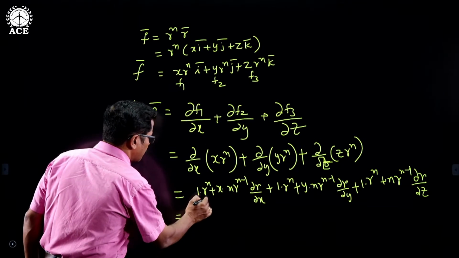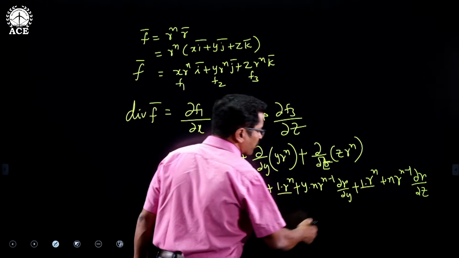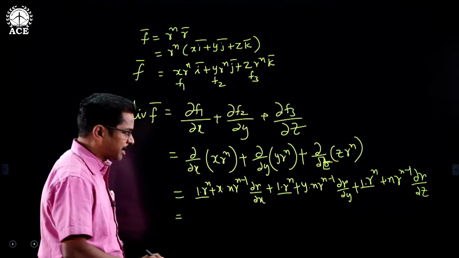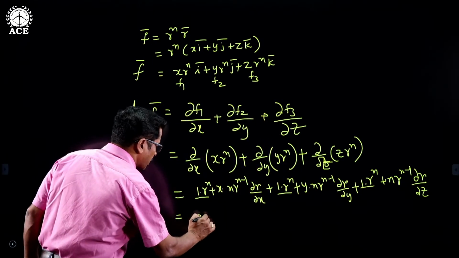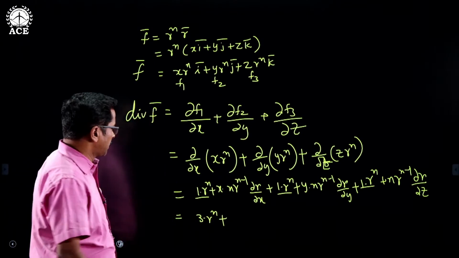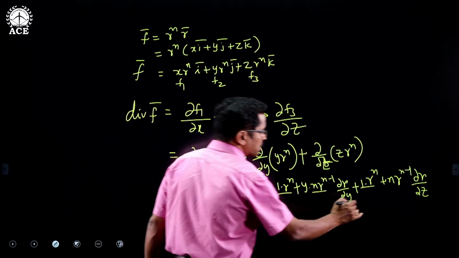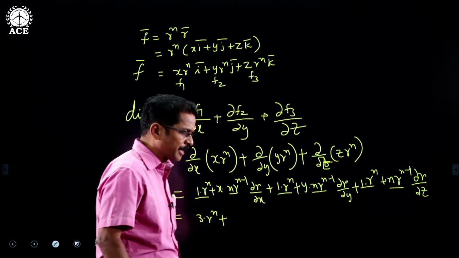So 1 into r power n is r power n, and so on. How many r power n's do we have? 3 times r power n. So 3 into r power n plus, here we have n into r power n minus 1 as common.